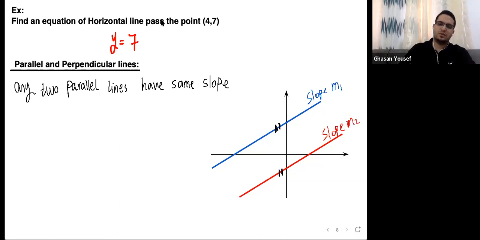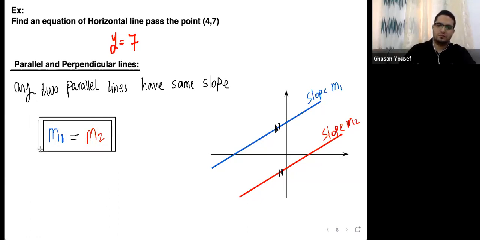So we should know that the slope m1 is equal to m2. The slope of the first one, m1, equals m2. Both of the slopes are equal.